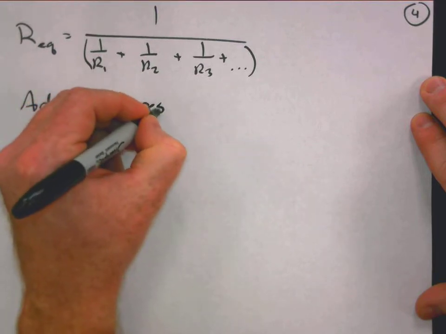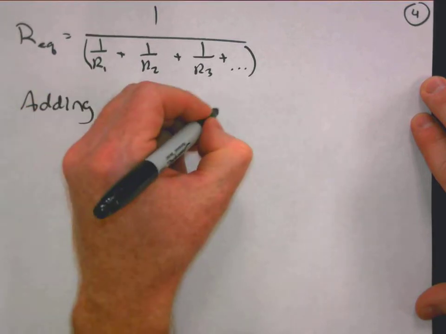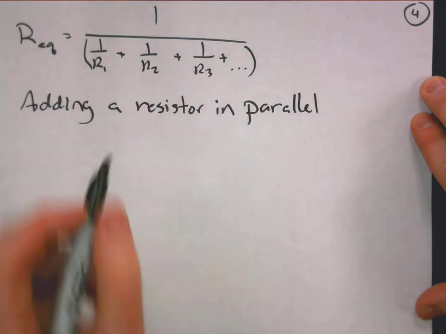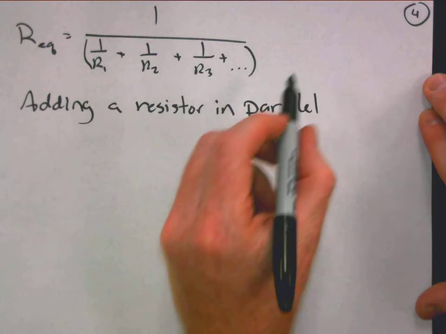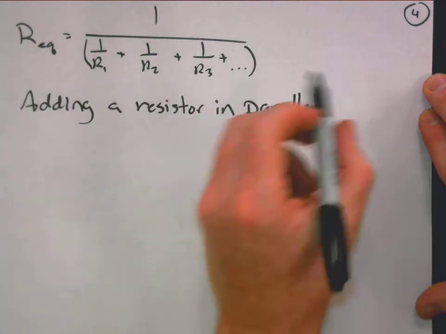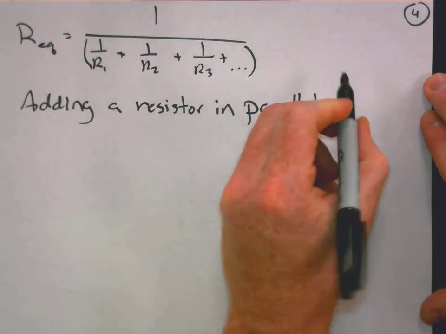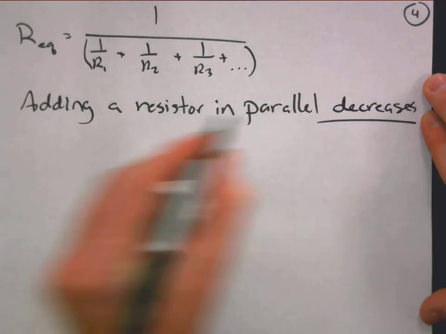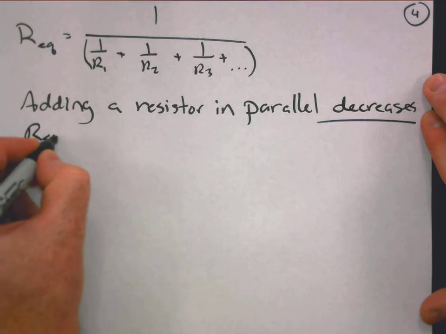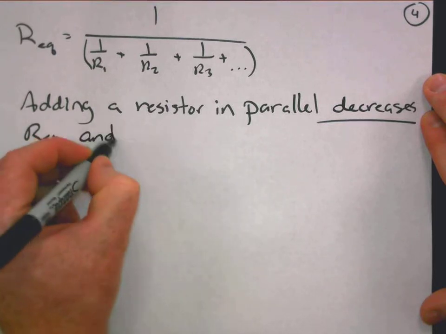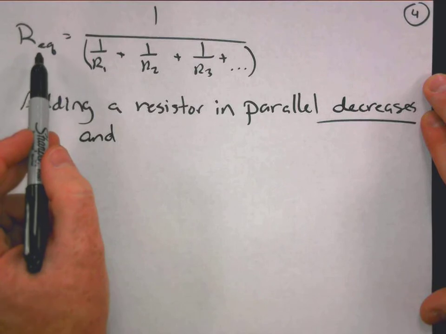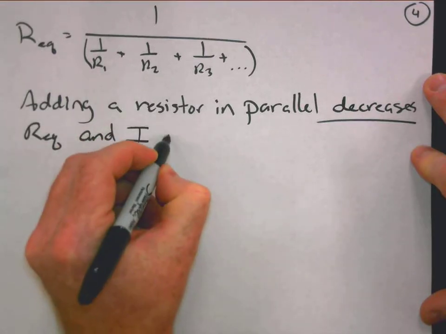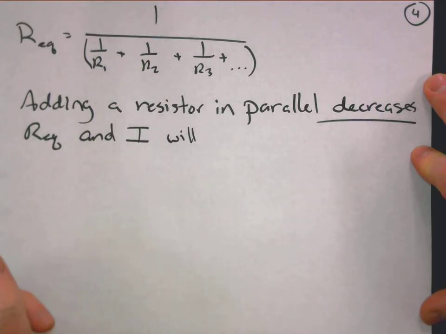So, adding a resistor in parallel, what does that do? Does that increase or decrease the equivalent resistance? It decreases the equivalent resistance. And if the equivalent resistance decreases, then what happens to current? Will current increase or decrease?